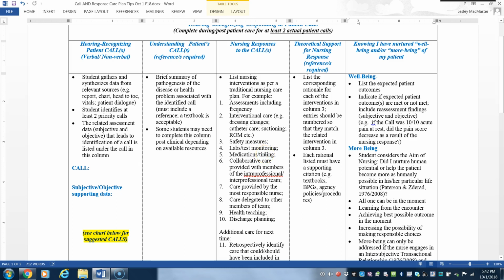So for example, administering a bronchodilator Q4H for someone with ineffective airway clearance.